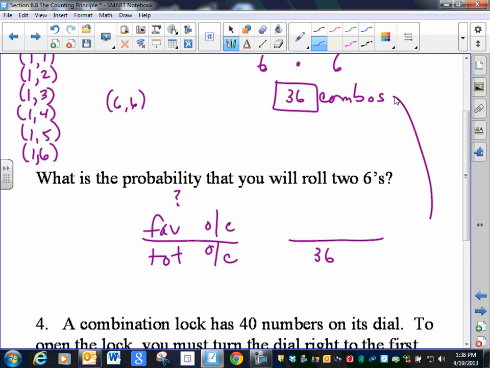I just calculated that right there. How many favorable outcomes are there? How many ways are there to roll a 6 on the first die and a 6 on the second? Just 1. So the probability that you're going to roll two 6s is 1 out of 36. So we used the counting principle for the denominator, and then we used our favorable outcome and total outcome formula from the probability to actually come up with the fraction for the probability.